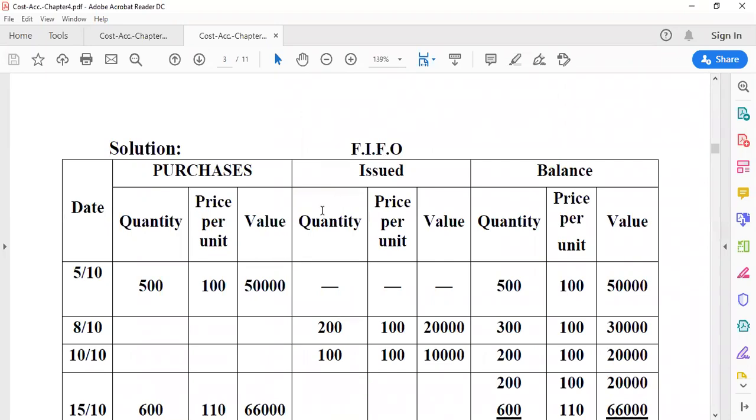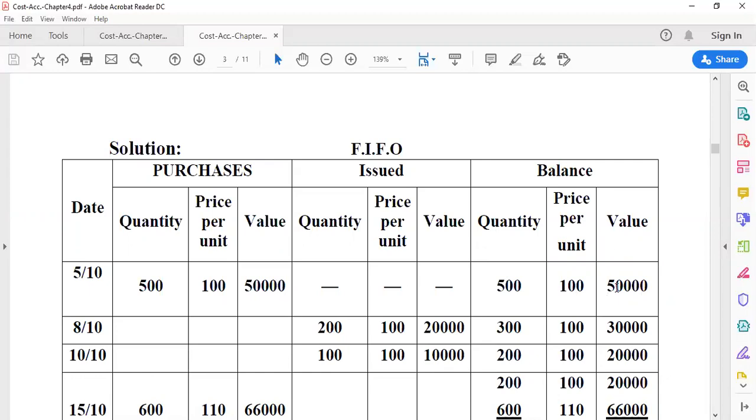Then with purchases, dears, he tells you that purchases quantity is 500 units with price per unit 100, so the value is 50,000. Then to calculate the value, you take the quantity multiplied by the price per unit, equal to the value.